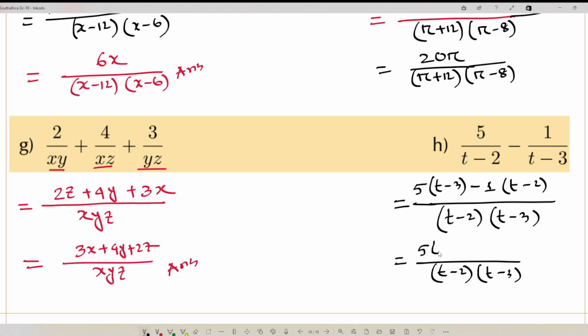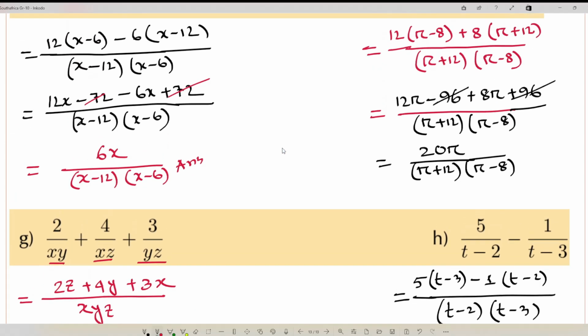So 5t minus 15 minus t plus 2. So what will be the answer? Answer is over (t minus 2)(t minus 3), and here 5t minus t is 4t, and minus 15 plus 2 is minus 13. This is our answer.